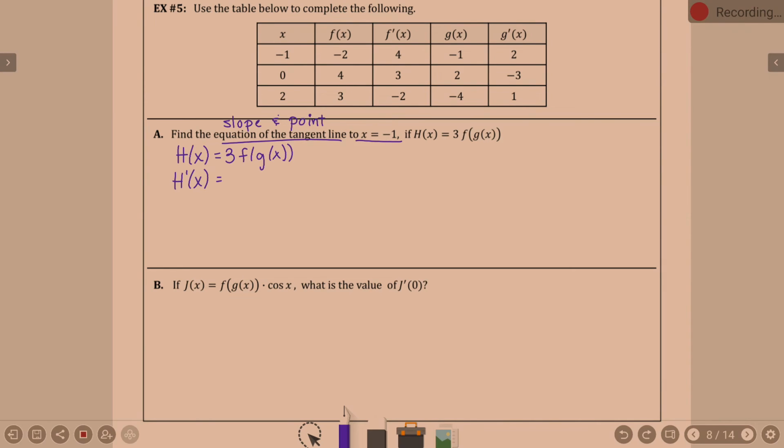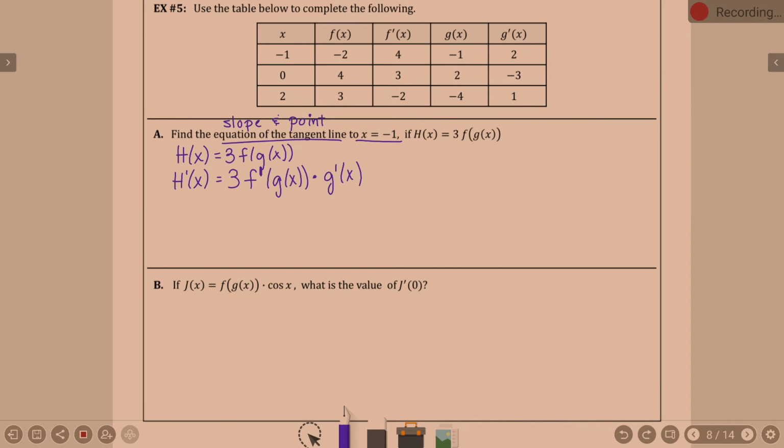What's the derivative of f of something? F prime of something. So 3 f prime of g of x. And then what do we need to say? Times g prime of x, the derivative of the inside. And then this is just an x, so that's kind of where your chain rule ends.